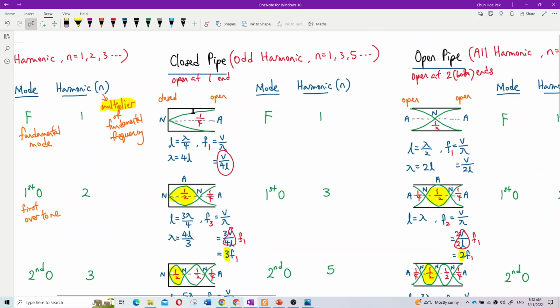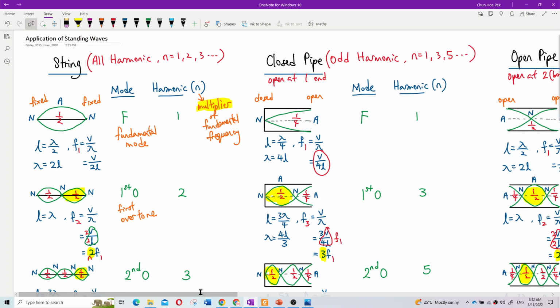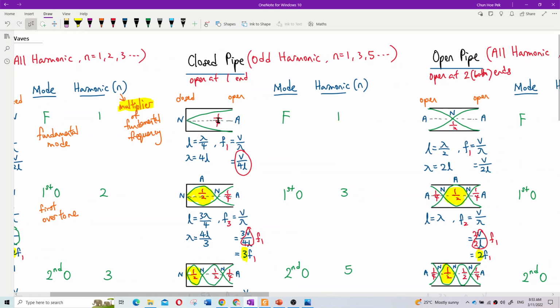L is the length of pipe, just like before with the string, L was the length of string. So this length of pipe is 1/4 wavelength, so to find the wavelength, it is 4L, four times the length of pipe.